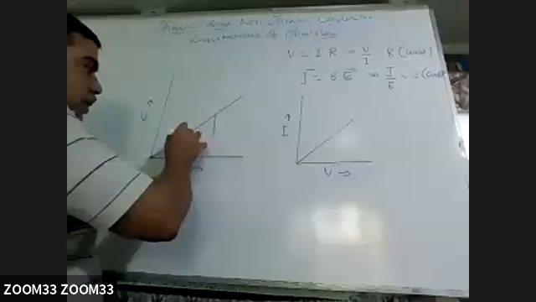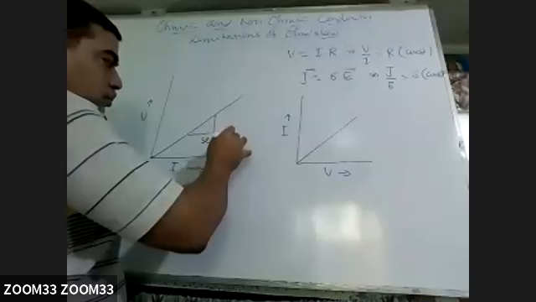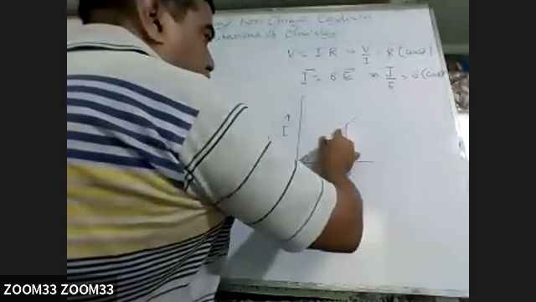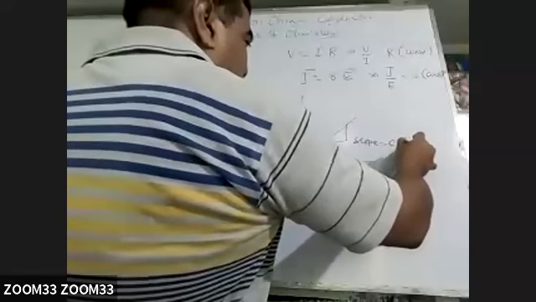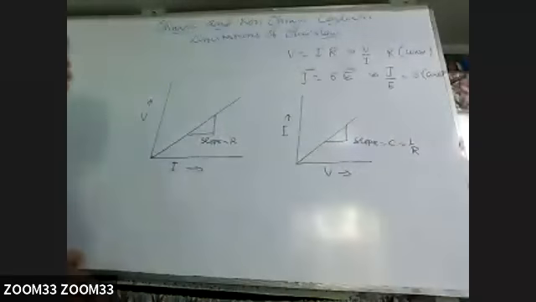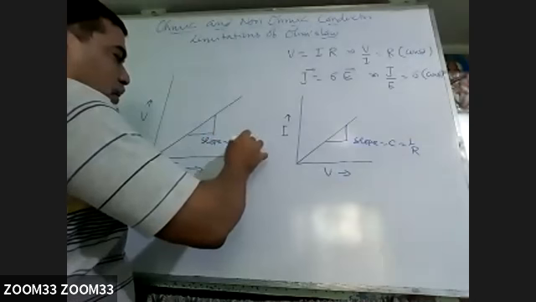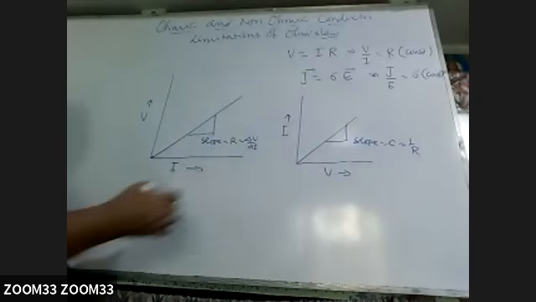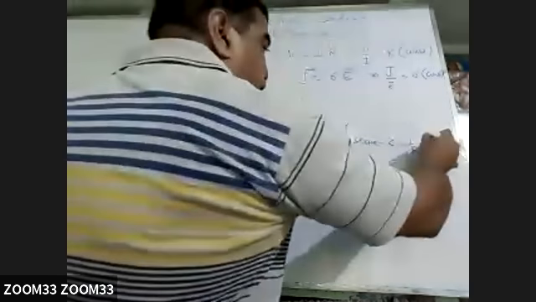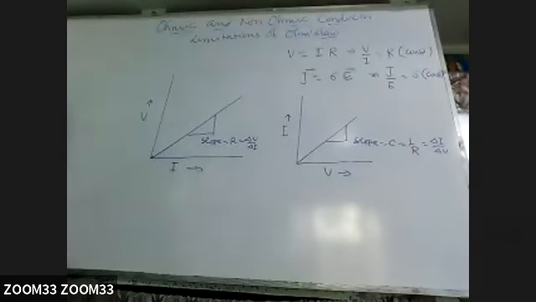The slope of this graph will give R, and the slope of this graph will give C, which is 1 by R. In the lab also we are doing this experiment, Ohm's law verification.